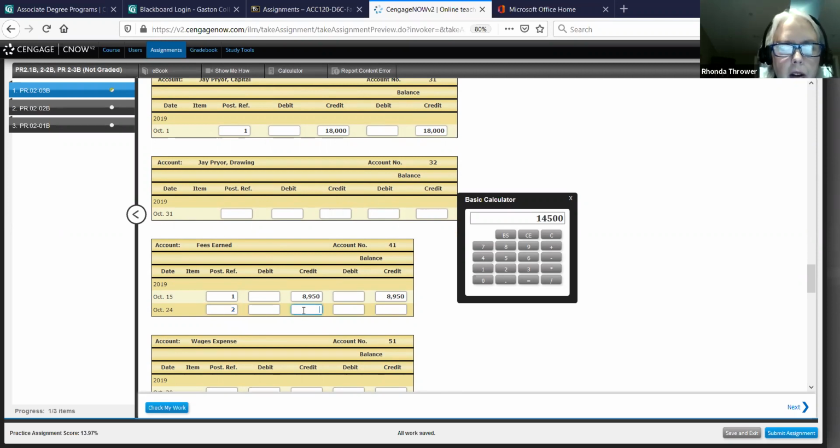It is credited for $14,250. And what I have to do is add the $89.50 that I had previously as a credit, plus what happened this time, $14,250. And that will give you $23,200.